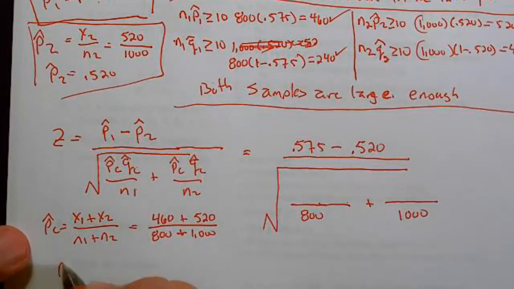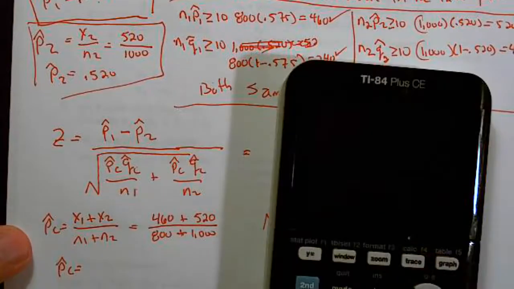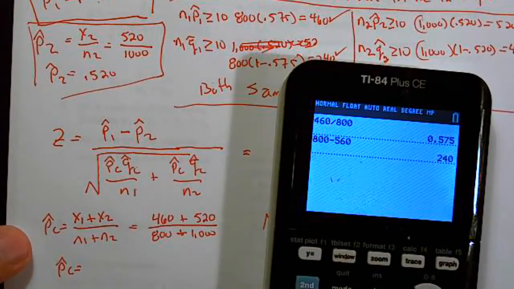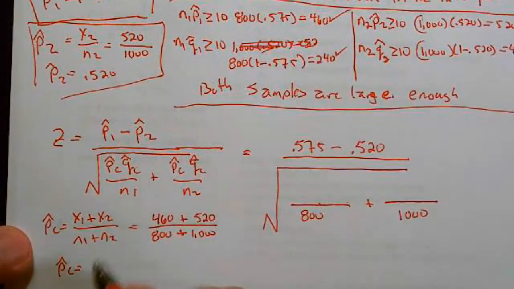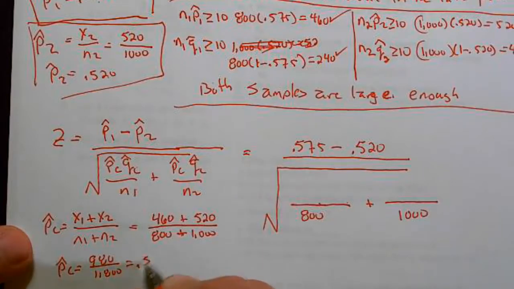So p hat C equals, if I add those up, 460 plus the 520, I end up getting 980 over 1,800. And that equals 0.5444.